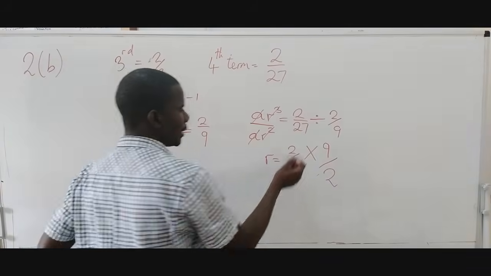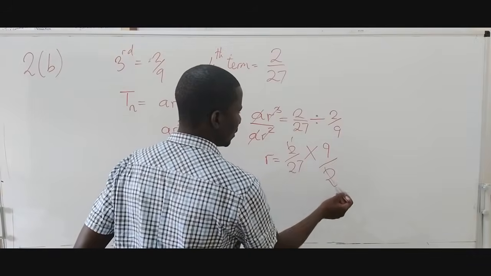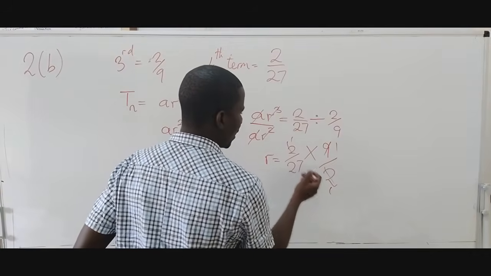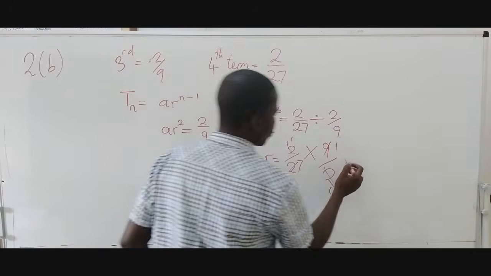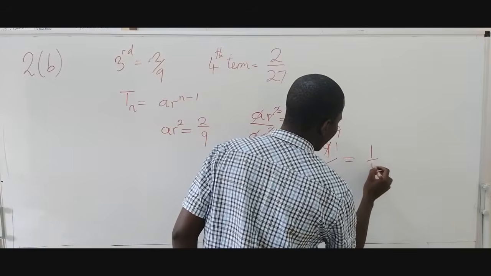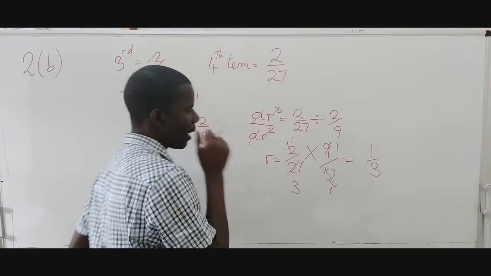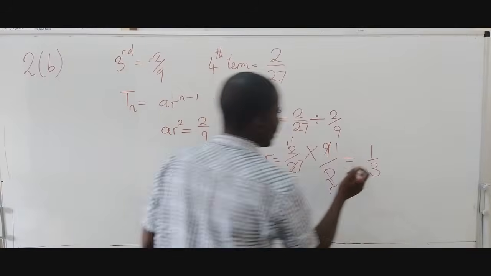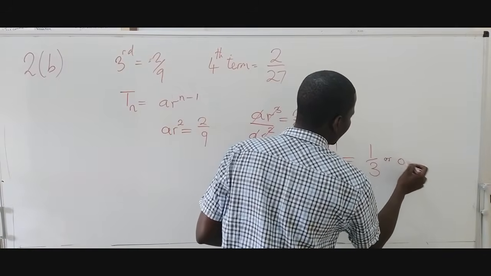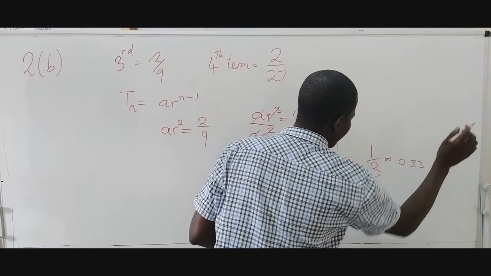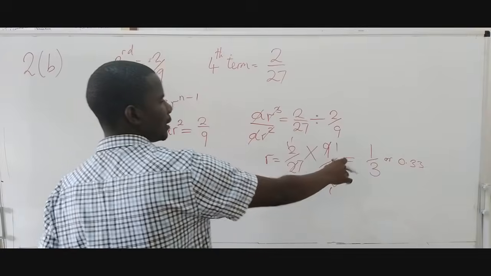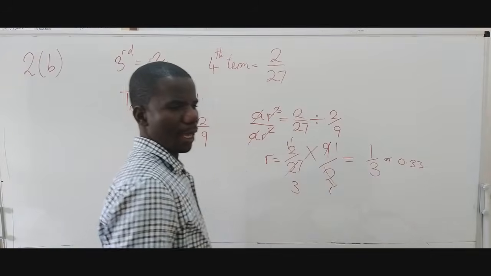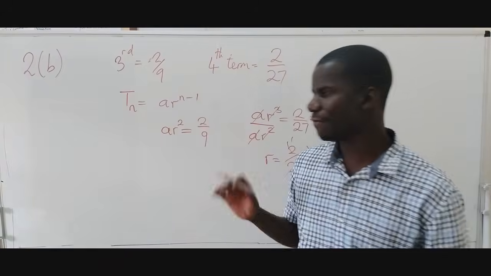So 2 and 2 give 1, 1. 9 and 27 give 1 and 3. So our r is 1 over 3, or 0.33 going on like that. This is our common ratio.